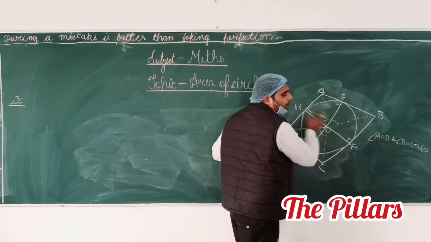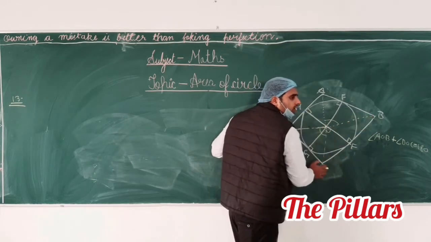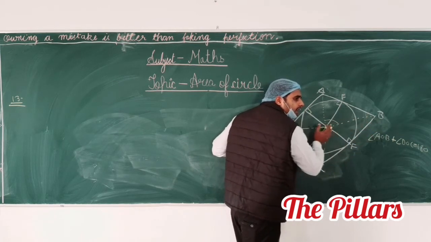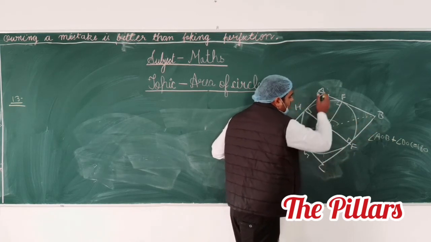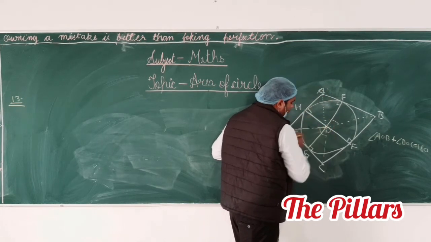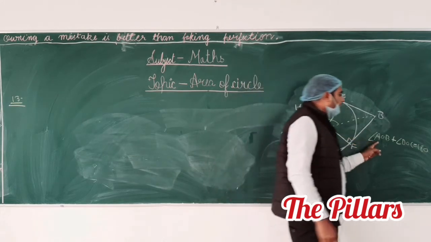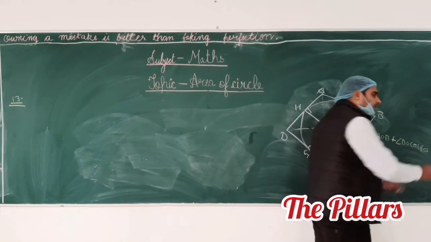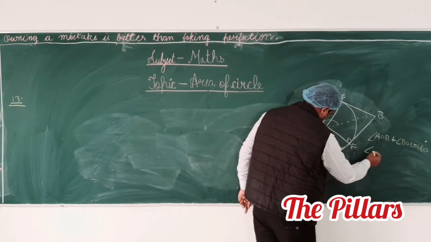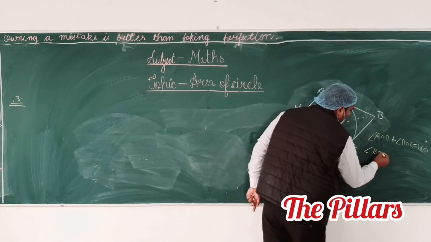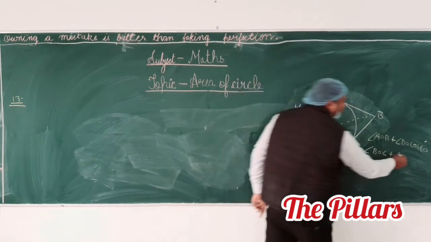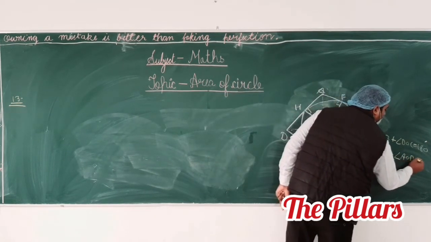Similarly for the other two opposite sides, the angle made by BC at the center is BOC, and the angle made by AD at the center is AOD. Either you have to prove that angle AOB plus angle DOC equals 180 degrees, or you have to show that angle BOC plus angle AOD equals 180 degrees. Till here, does anyone have any problem?